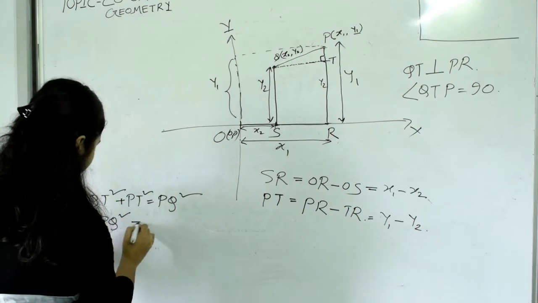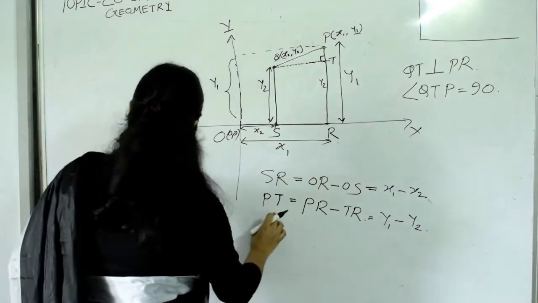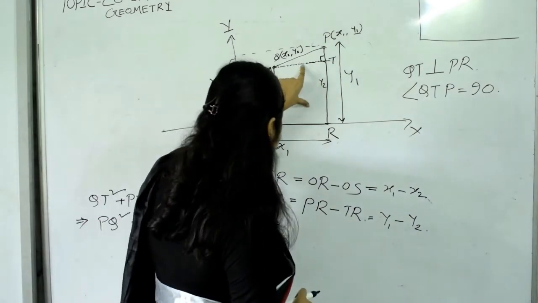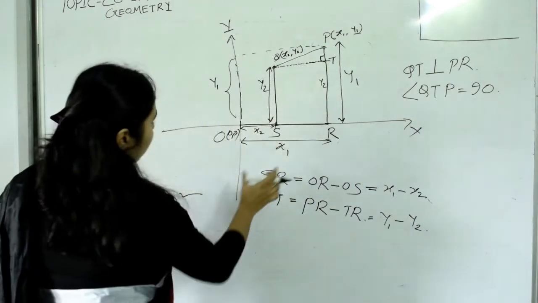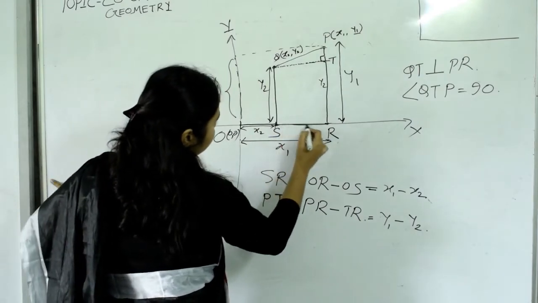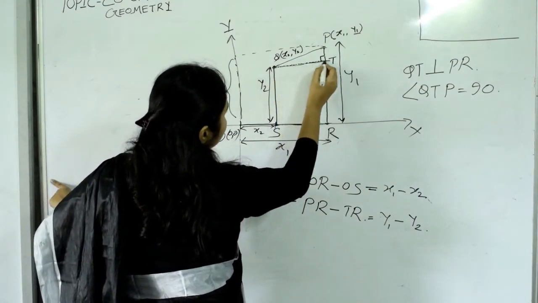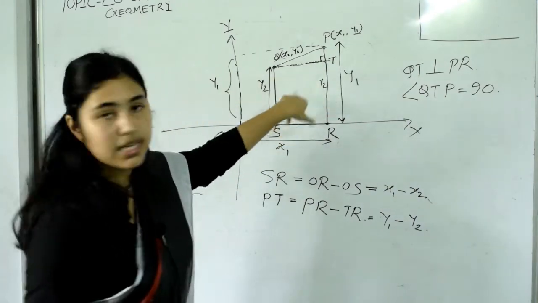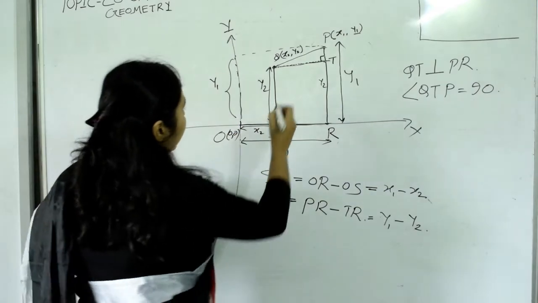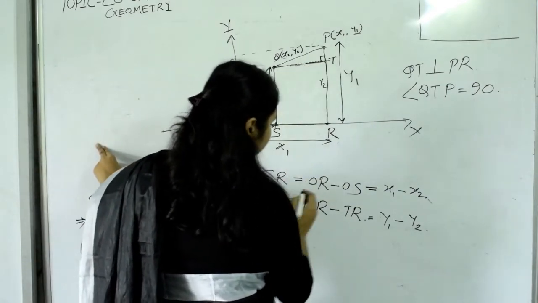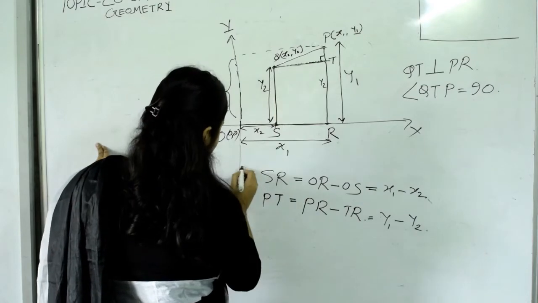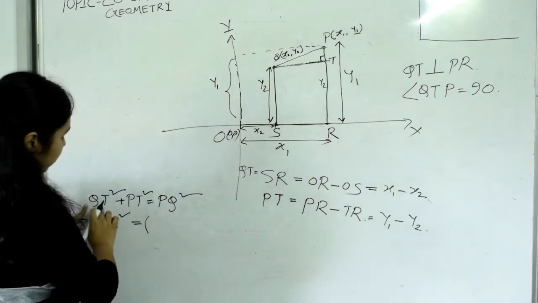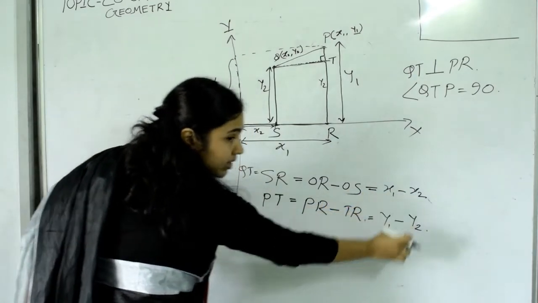So PQ square is equal to, put here the value of QT. SR is equal to QT, right? Because here SRTQ is a rectangle. Okay? So SR is equal to QT, right? So put here the value of QT, which is x1 minus x2.